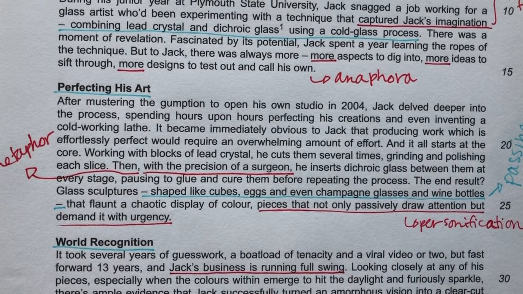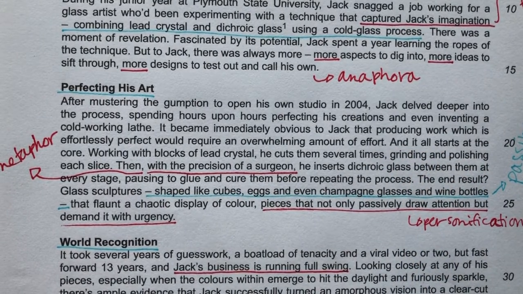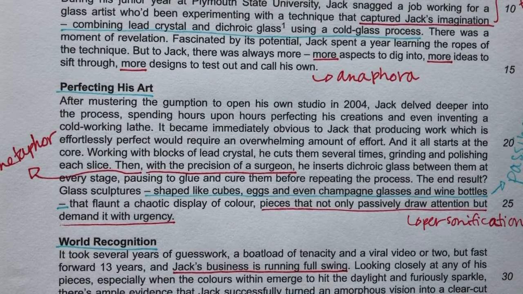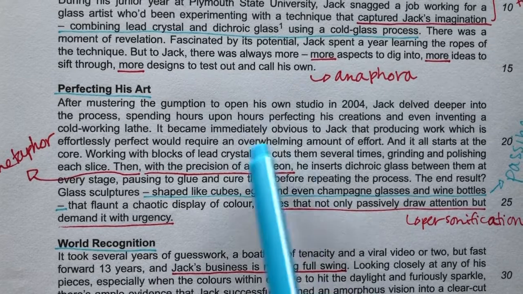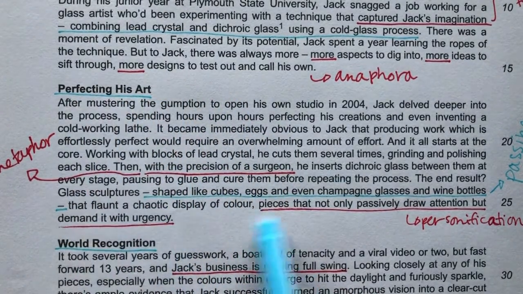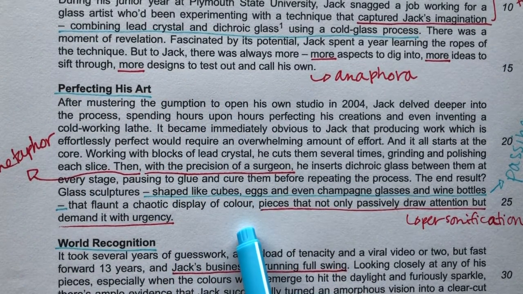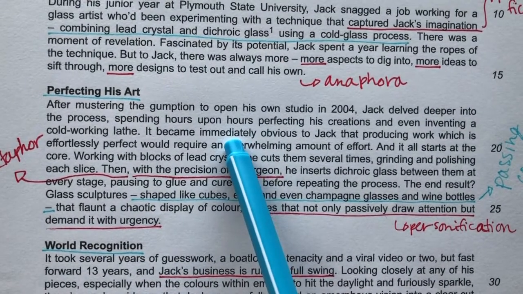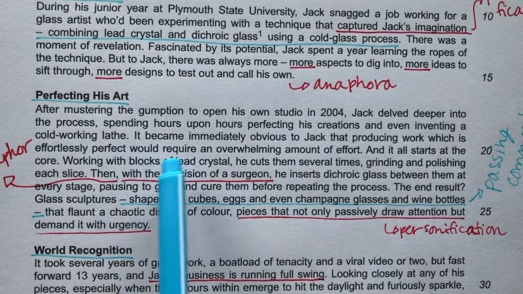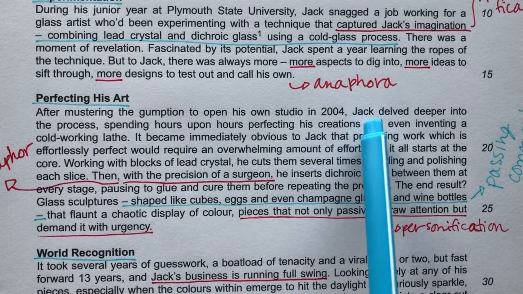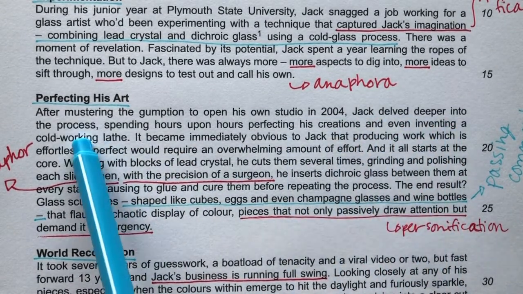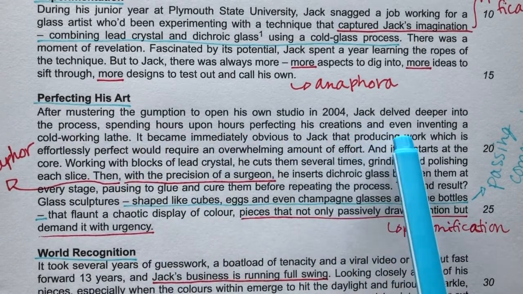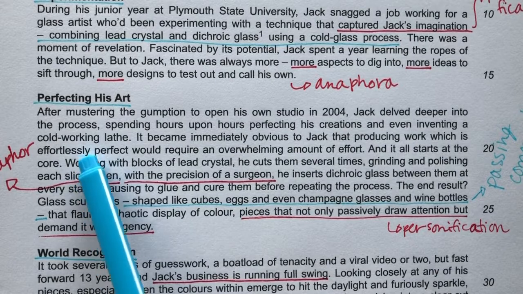Okay. Text B, I also sense some intensity in the tone. Why do I sense the intensity? Specifically in this part here, perfecting his art. In this paragraph, I feel like there's a lot of intense things going on. If we read again, here it says, Jack delved deeper into the process, spending hours upon hours perfecting his creations and even inventing a cold working lad.